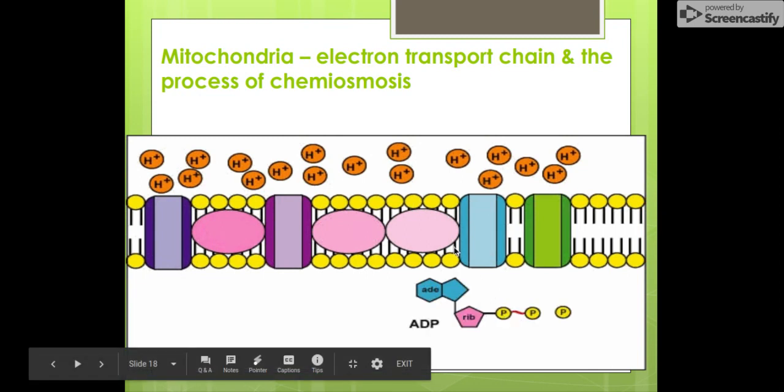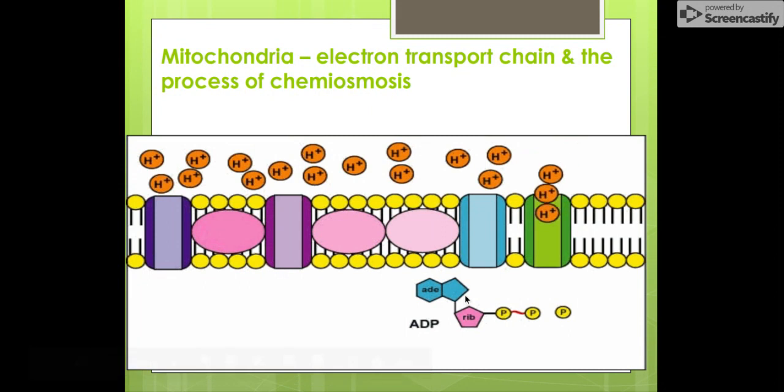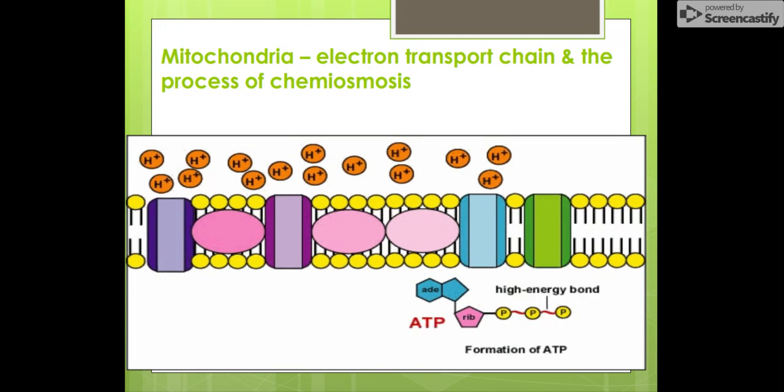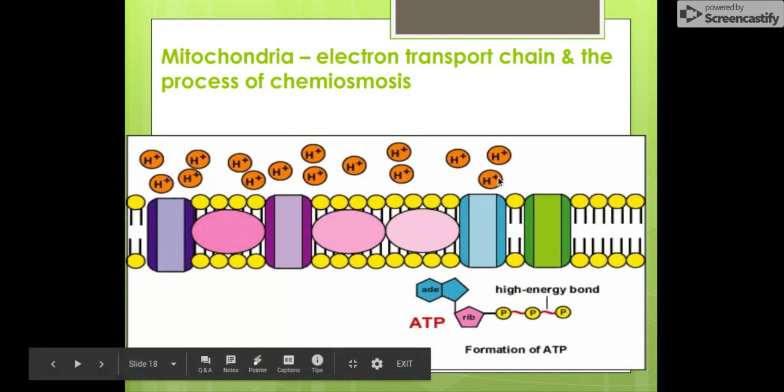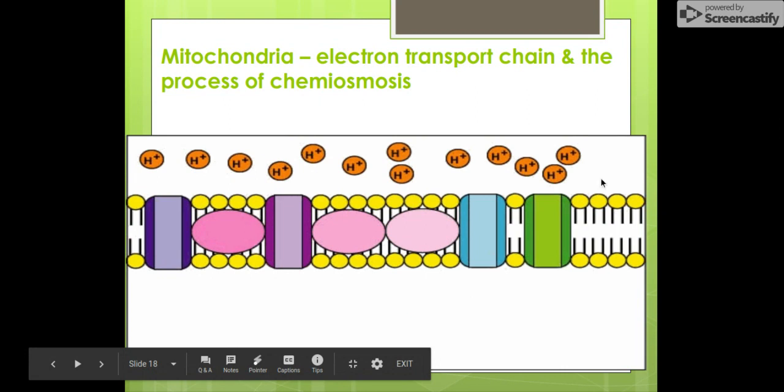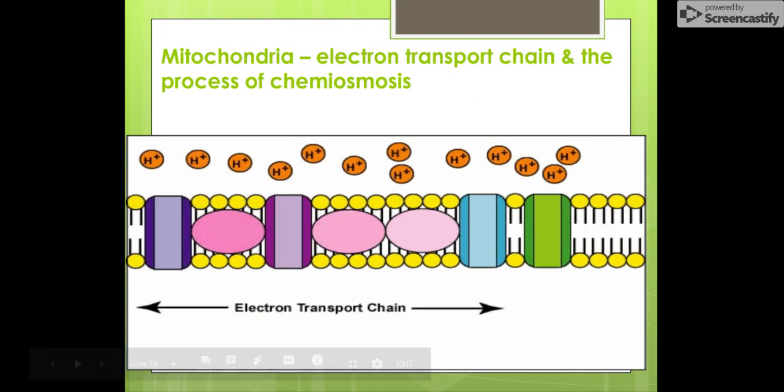And if you watch that electron there, you saw that it was picked up by some hydrogen ions and formed water. This is where we're forming the rest of our water in this cellular respiration process. Here we form the ATP from those hydrogen ions pumping through that ATP synthase.